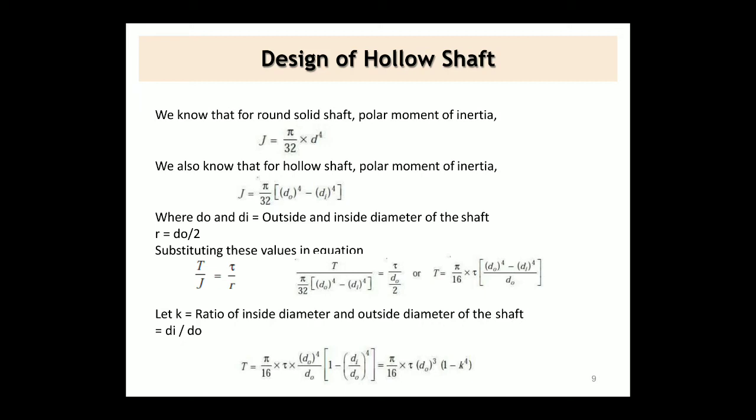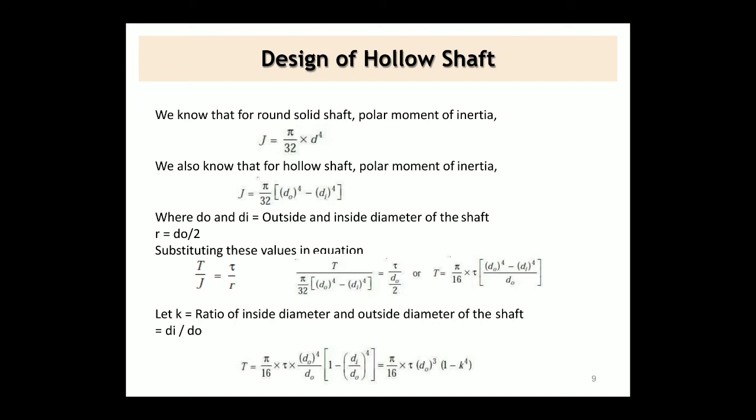Now here do is the outside diameter of the shaft and di is the inside diameter of the shaft, and R is outside diameter by 2. Substituting these values in the equation, that is T by J equal to tau by R, we get T by pi by 32 into do raised to 4 minus di raised to 4 equal to tau divided by R, putting the value of R as do by 2.